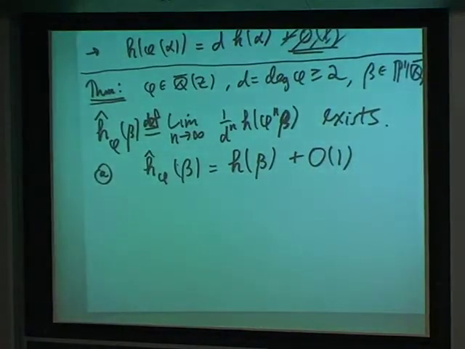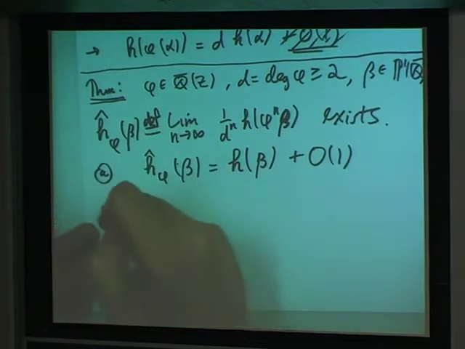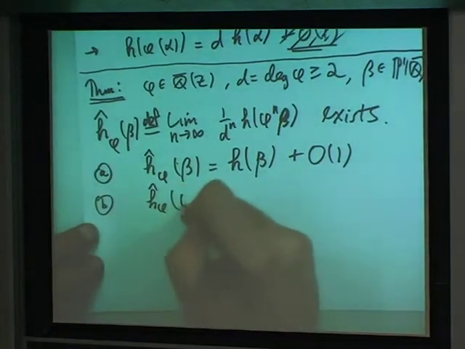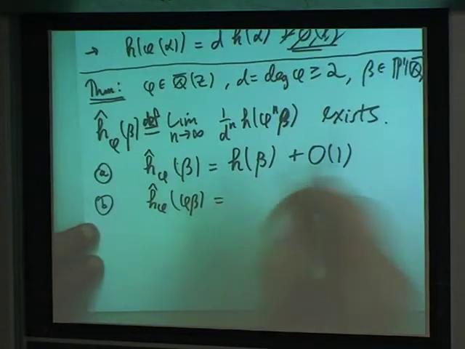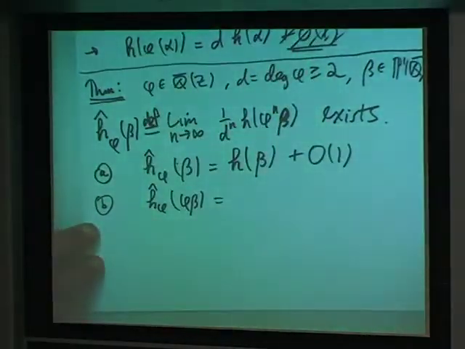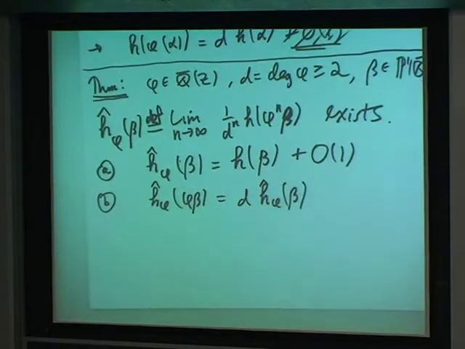And we know the ordinary height is a measure of the arithmetic complexity of beta. So that's good. And the second property is that this canonical height actually has a similar estimate to the one at the top of this page without the error term. So that's what makes it canonical, that there's no O of 1 error term.